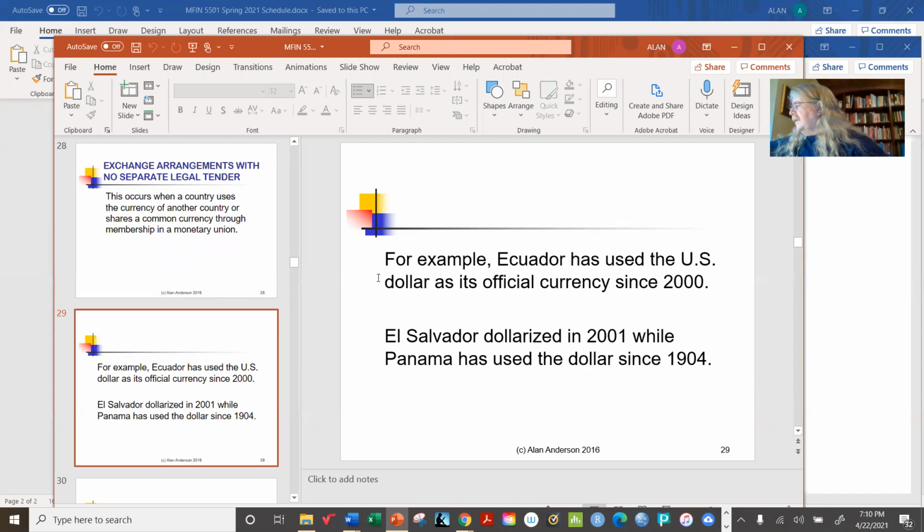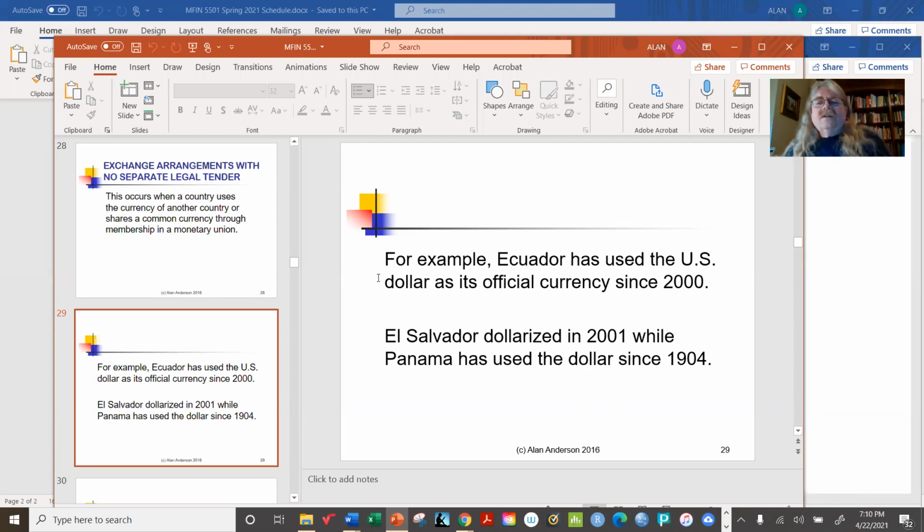So in cases like these, where the economy wasn't very strong, and if anything there was a lot of inflation and high interest rates, possibly a debt crisis, these countries decided it would be better to have the dollar than their own currency, because that would impose a lot of discipline on the domestic government as far as spending.